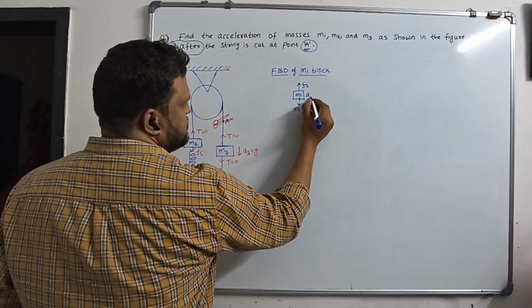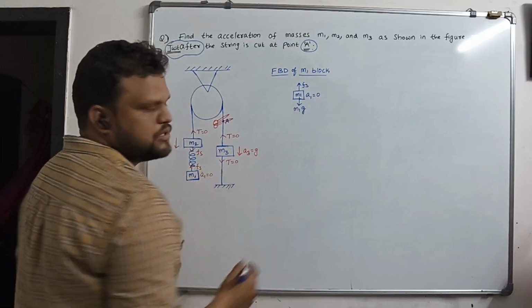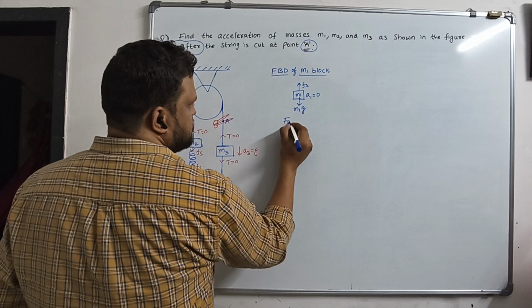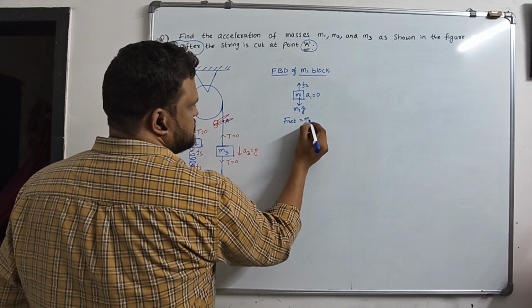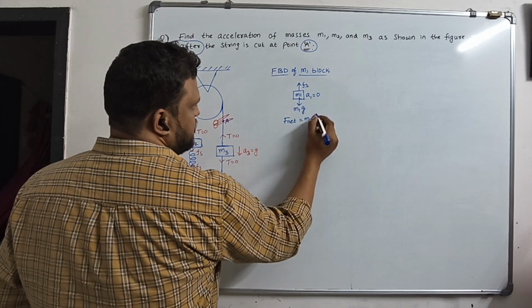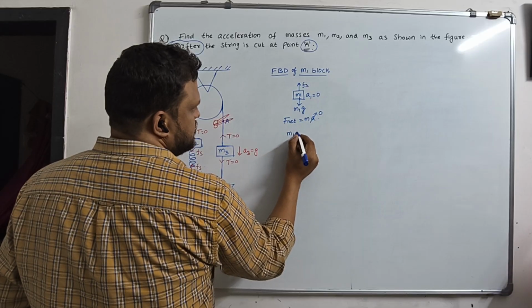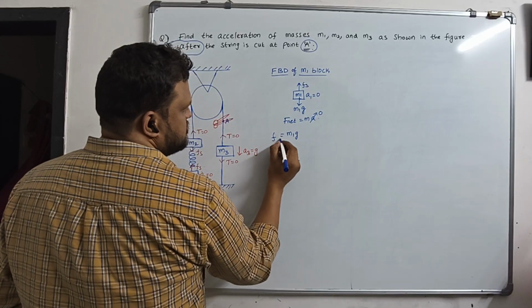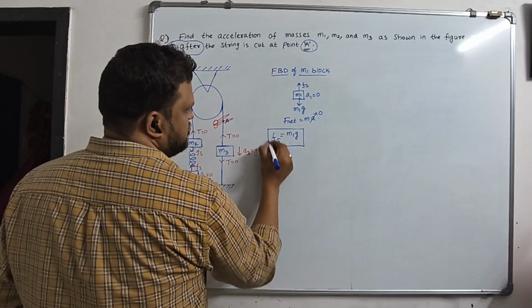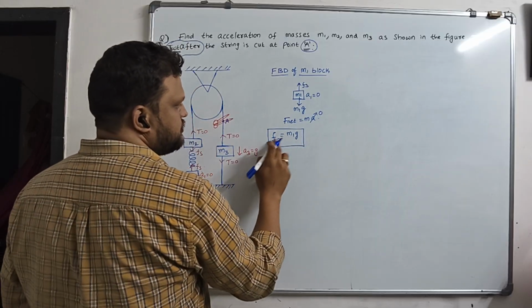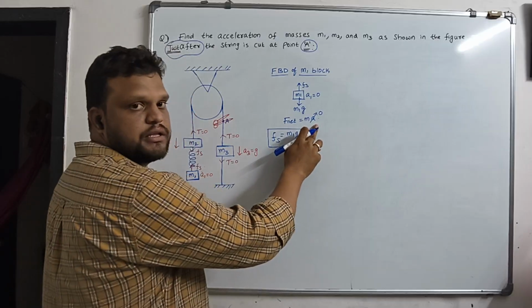And as I told you, the acceleration of the M1 block is 0 because of the spring stiffness. Now if I write F net equals mass times acceleration, here acceleration is 0. So F net is 0, which gives Fs equals M1g. Because of these equal and opposite forces, the spring force equals M1g and the block will be at rest.